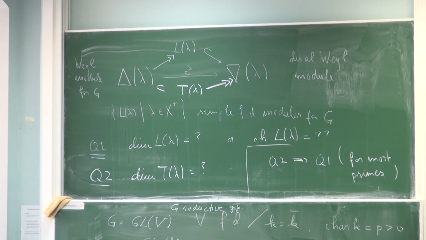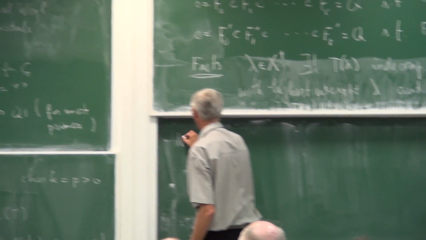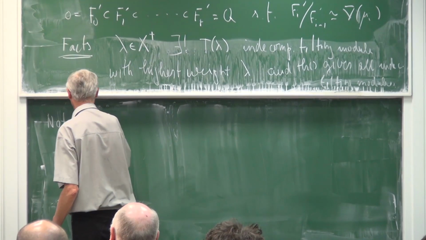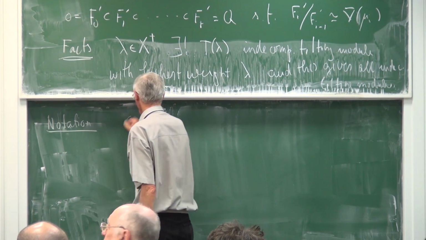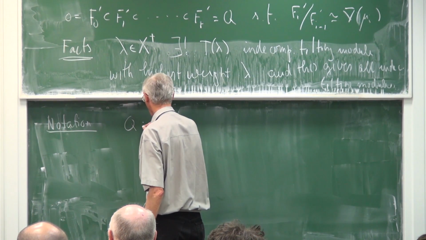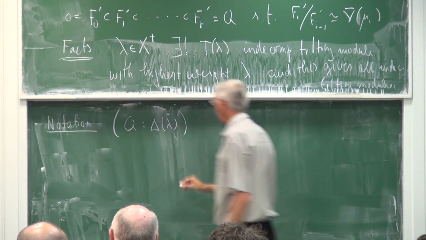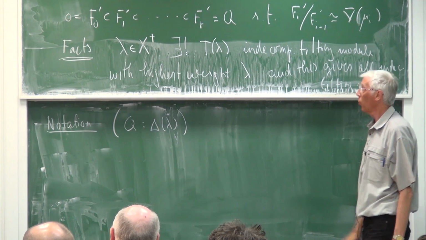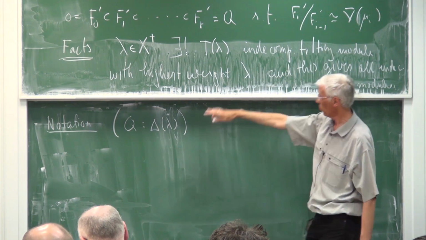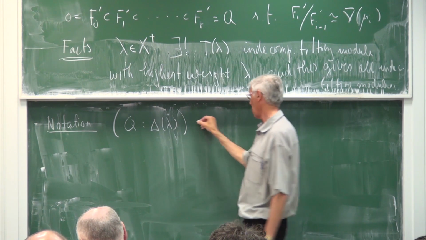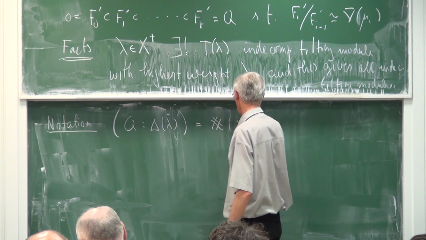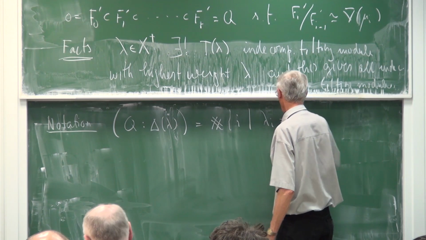And this I will also illustrate a bit later. So while I still have the board here, let me put in some notation. I want to count the number of times a given delta lambda occurs in the filtration there. So Q is still my tilting module, so I can count the number of i's such that lambda i is equal to lambda.